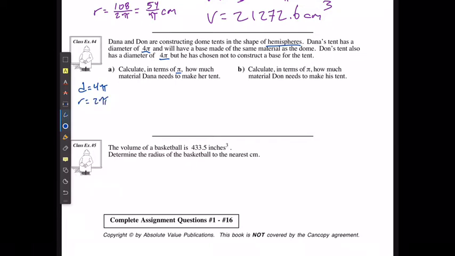Because she is making a base, the surface area for Dana is going to be 3 pi r squared: the curved surface area on the outside and the flat base.